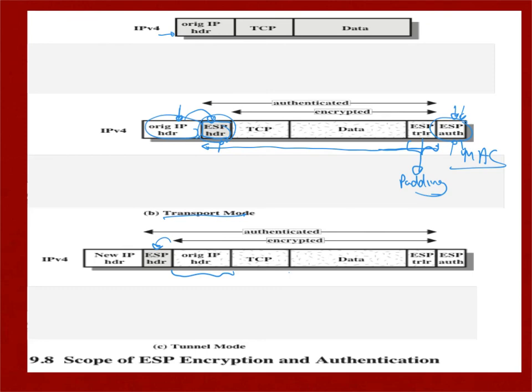If we do security from the IP layer, it has to be above. That's why we need to add another outer IP header, and then this original IP header is totally hidden. Inside the header, you should not really see where it's coming from or where it's going to ultimately.